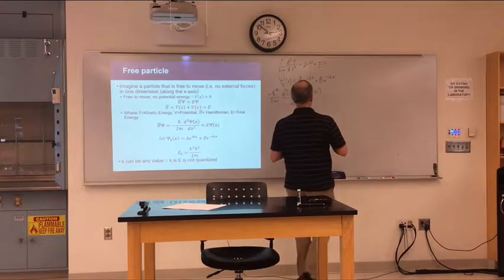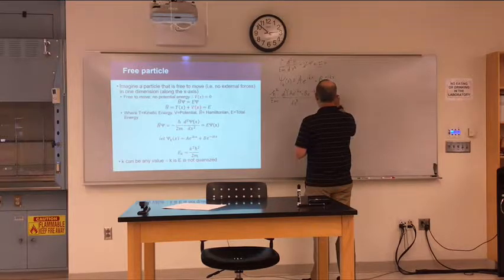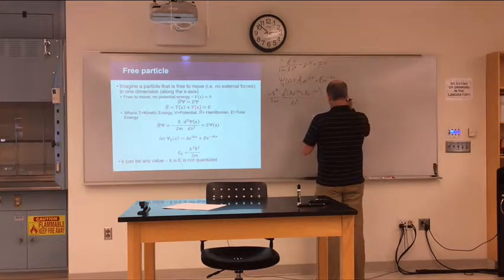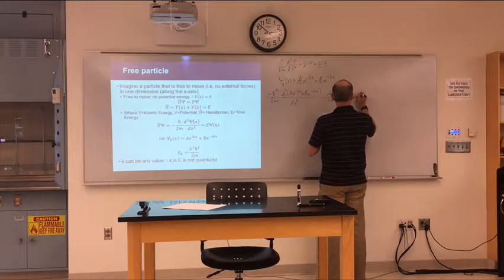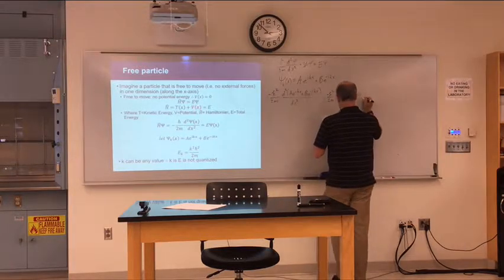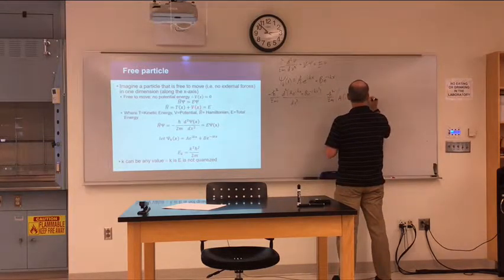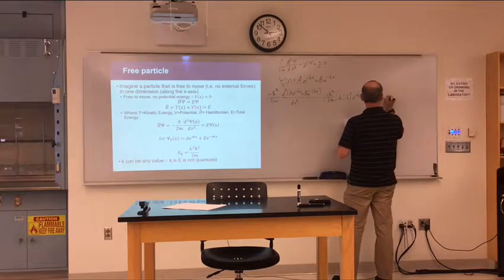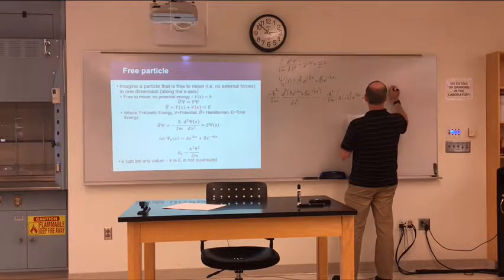And that would give us minus h bar squared over 2m times what we would get from the derivatives. That should be a (ik) squared e^(ikx) plus b (-ik) squared e^(-ikx).